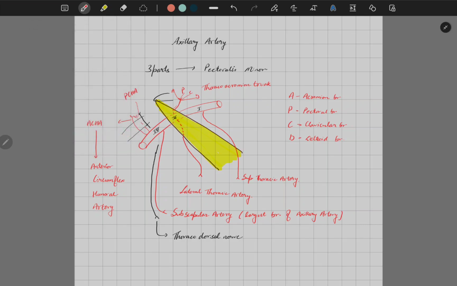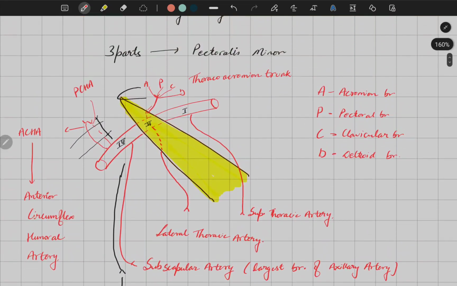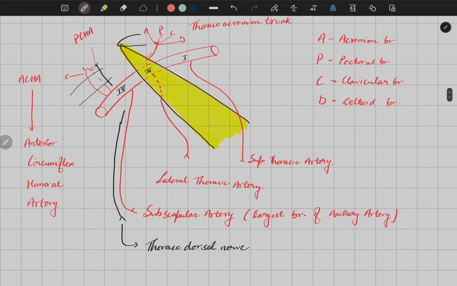So this was all about the axillary artery, and in the next part we will be talking about the anastomosis around the scapula, and why there is a need to have anastomosis around the scapula. Like, what is the need? In our human body everything is there because it has its own function. So let us consider a scenario where we dislocate our shoulder.